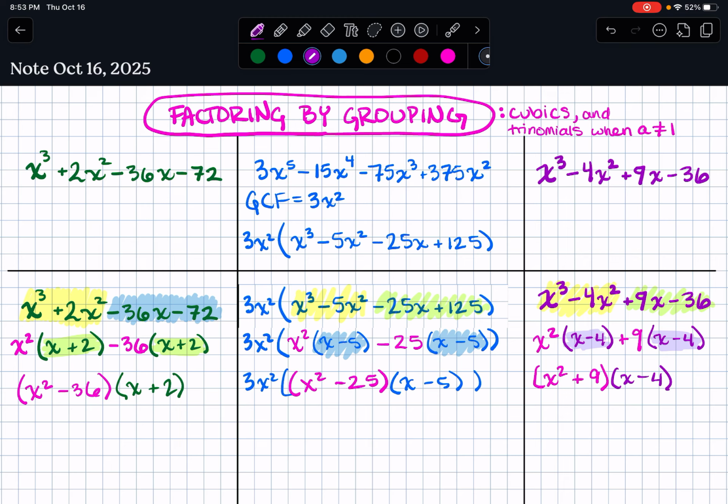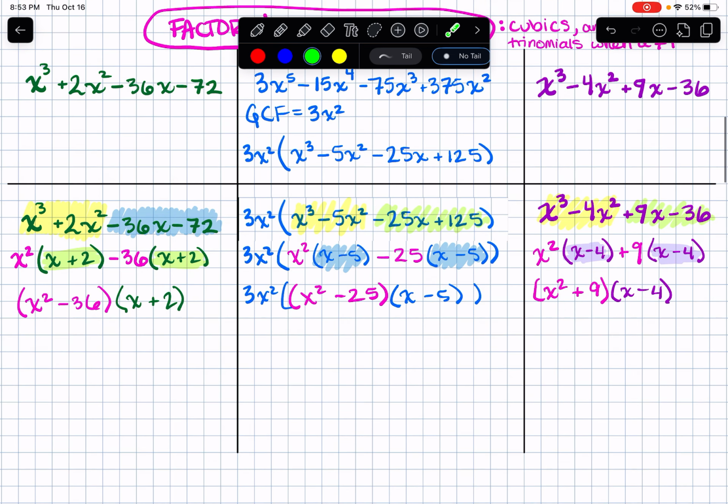So those two steps that I just completed are the key thing for grouping. From this point, I'm going to see if I can continue factoring further using my Algebra 1 skills, but these two steps are the meat and potatoes of factoring by grouping.